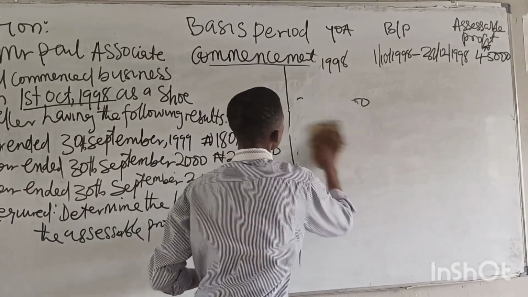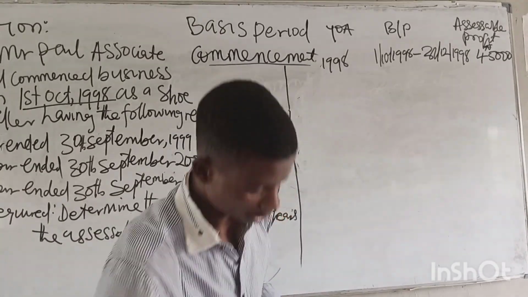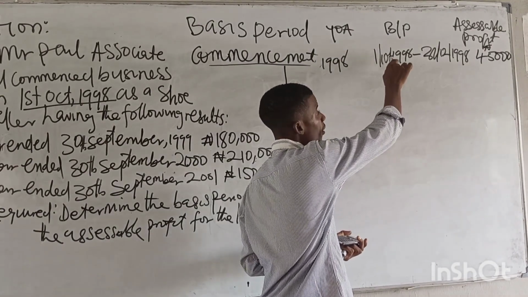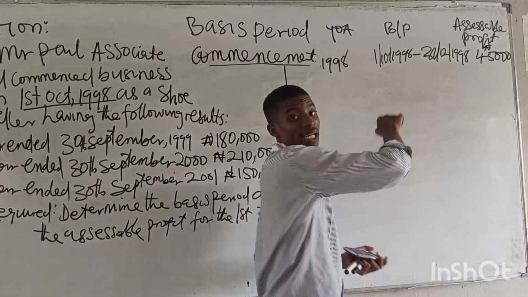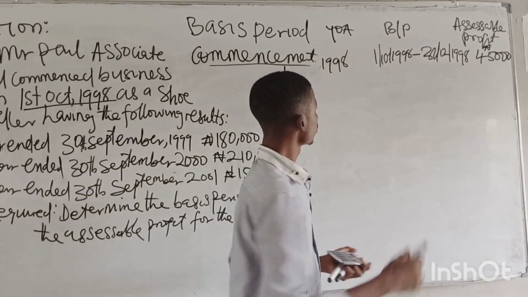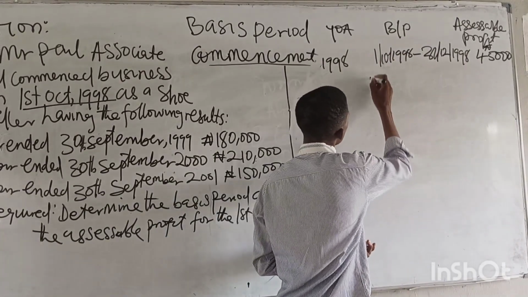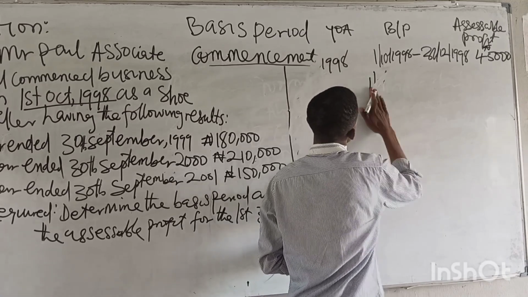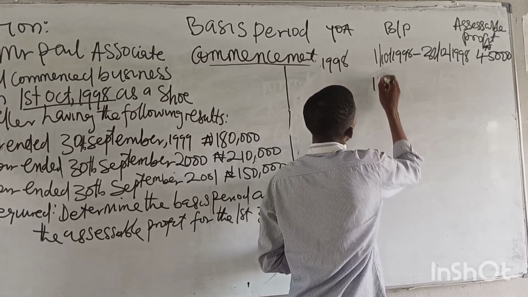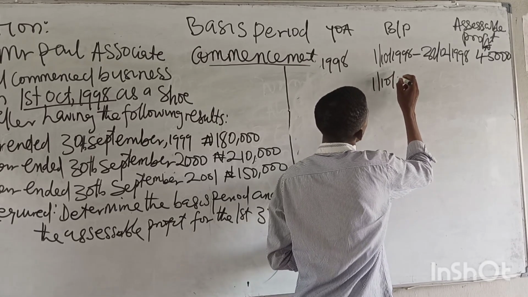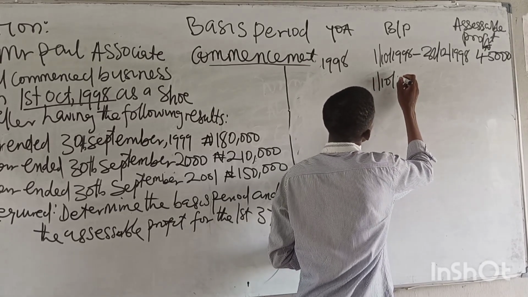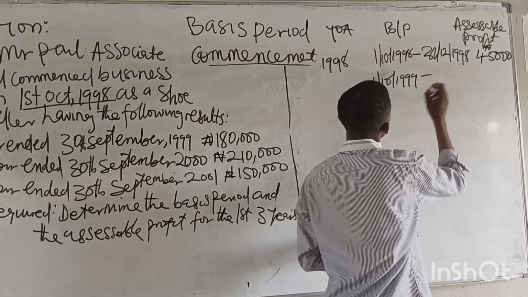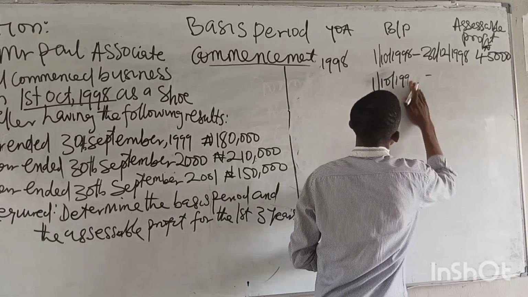The second year, according to the rule, is that we start from when the business commenced to the next 12 calendar months. So the second year will start from 1st October 1998, where the business started.